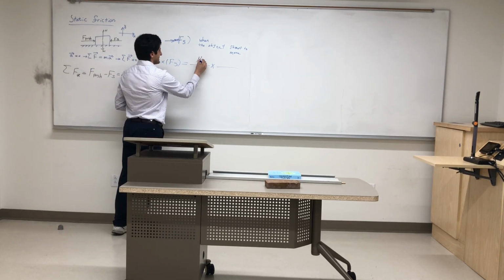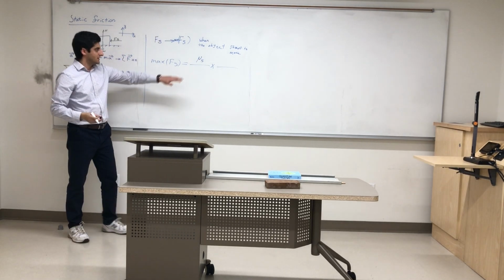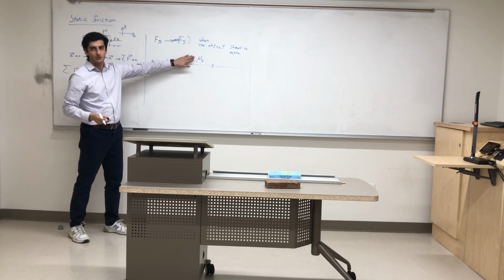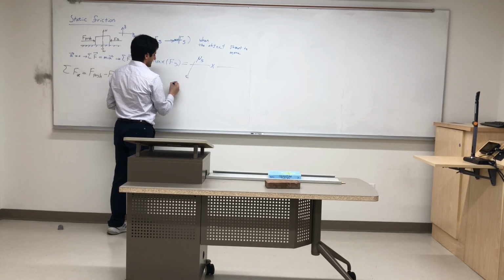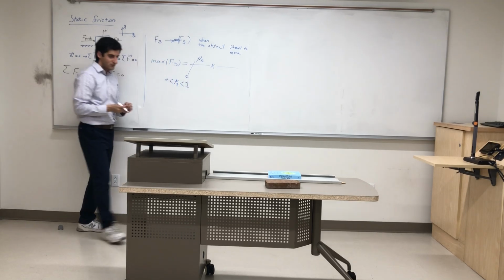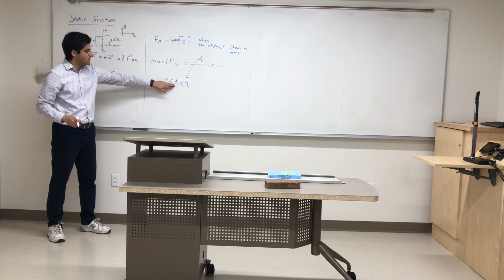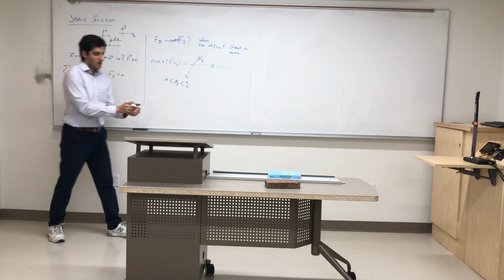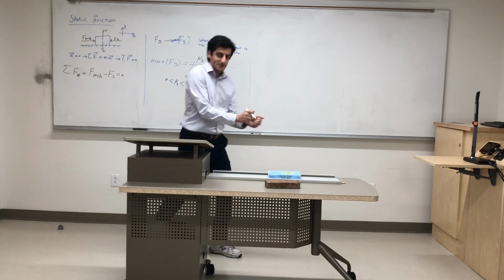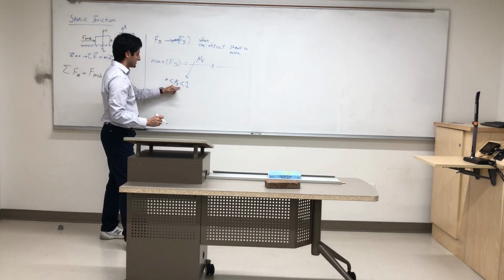This quantity is encapsulated in a static friction coefficient, that is between 0 and 1. Two very slippery surfaces have mu closer to 0, and two very gripped surfaces have mu close to 1.